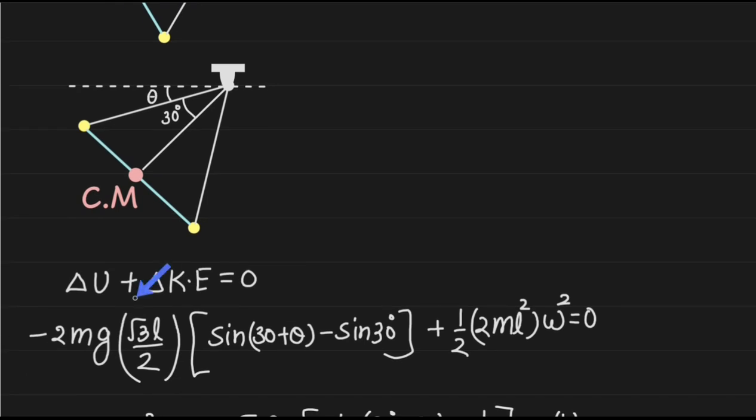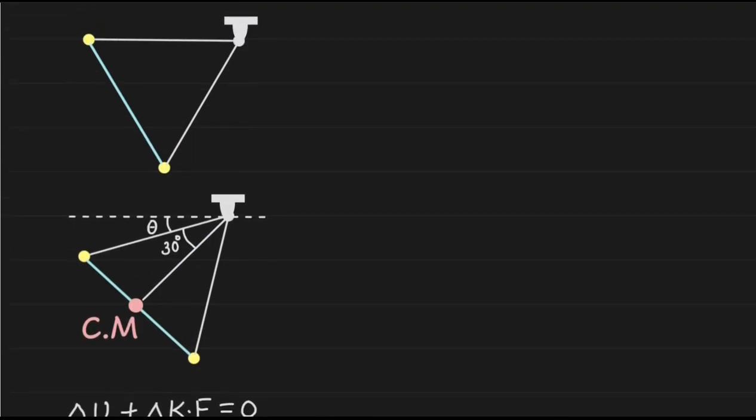So, this is the equation here, and the total decrease in potential energy will be the total mass of the system, 2m, into g, into whatever is the vertically downward displacement of the center of mass. Initially the center of mass was at this midpoint, and this angle would be 30 degrees because it lies at the angle bisector position.